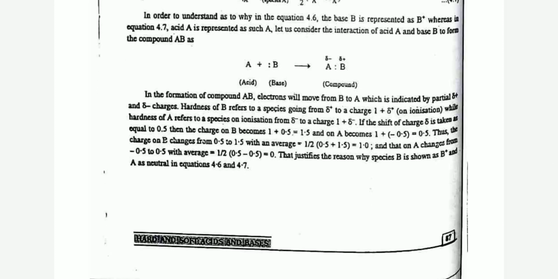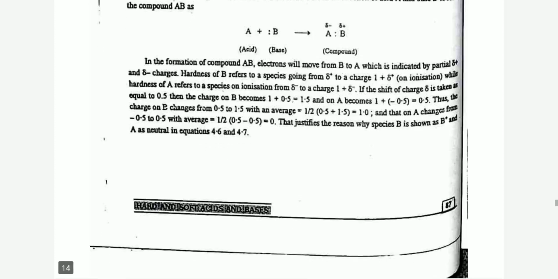In the formation of compound AB, electrons will move from B to A, which is indicated by partial delta positive and delta negative charges. Hardness of B refers to a species going from delta positive to a charge 1 plus delta positive on ionization, while hardness of A refers to a species on ionization from delta negative to a charge 1 plus delta negative.